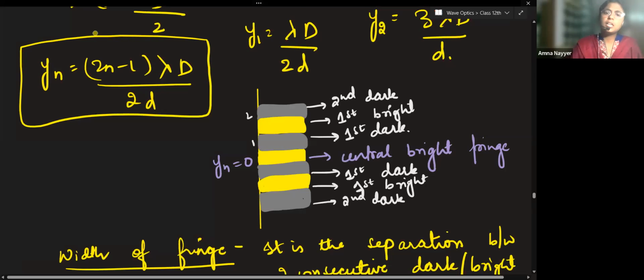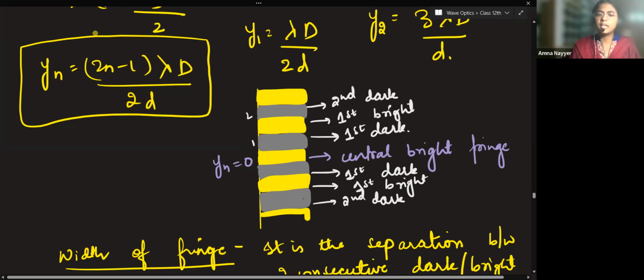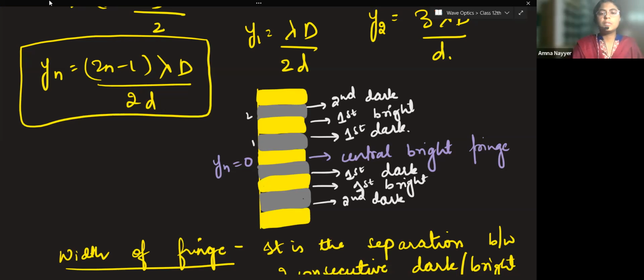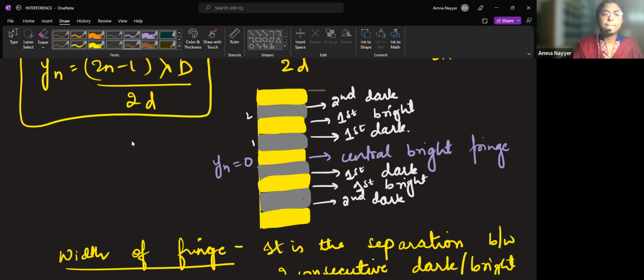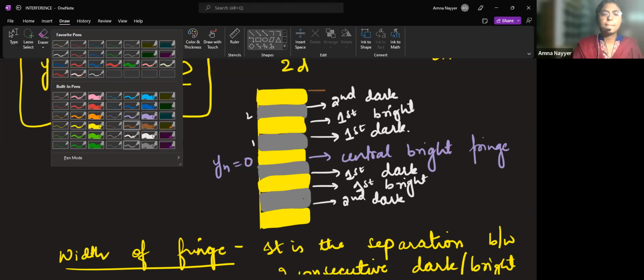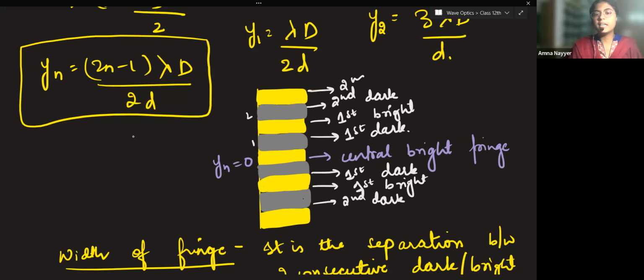Similarly, you keep on continuing. Here you will obtain the second bright fringe, and here also. Like this, you will be obtaining all of these. This becomes the second bright. After the first bright, you are obtaining the second bright. Do you get it?